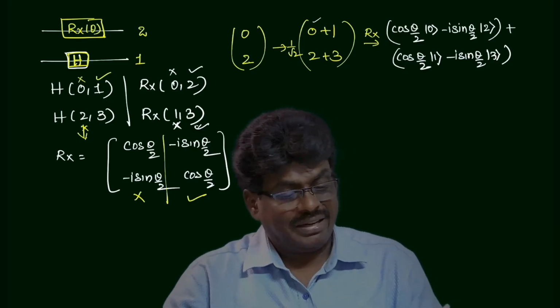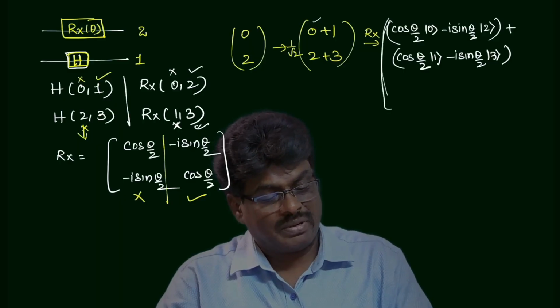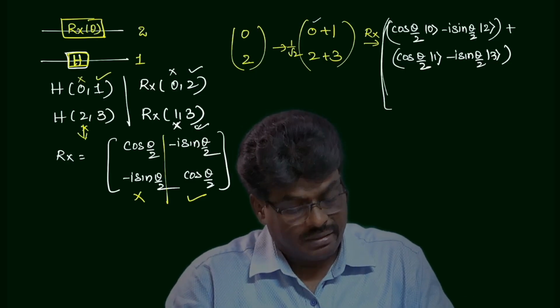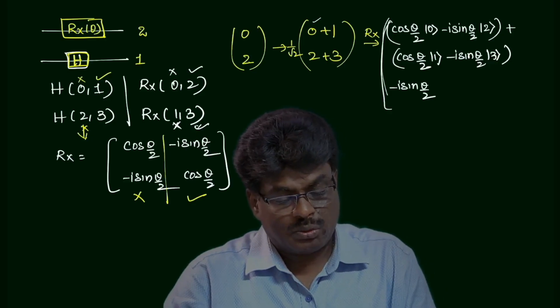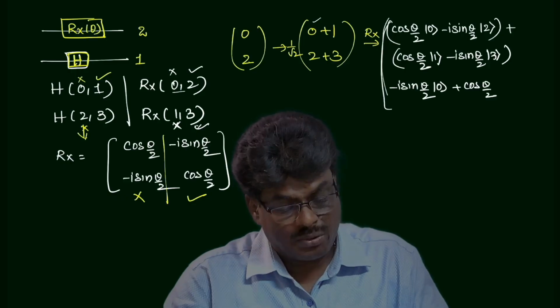Okay, and the next one, if you take this 2, 2 is in on state, that's why minus i sin theta by 2. 2 here we have 0 2, that's why superposition of 0, plus cos theta by 2. You have to use the second column.